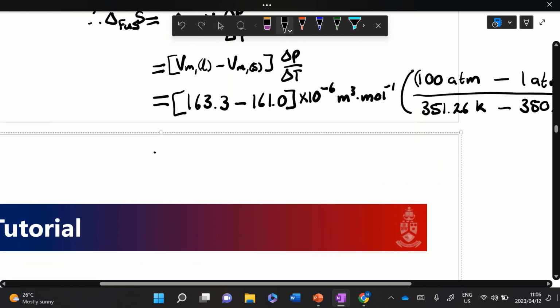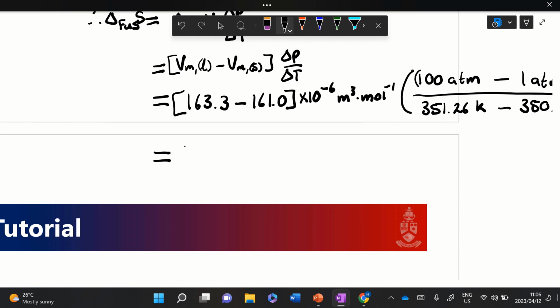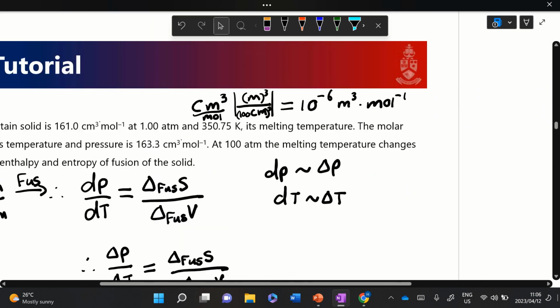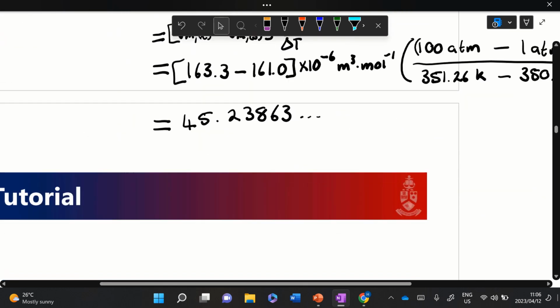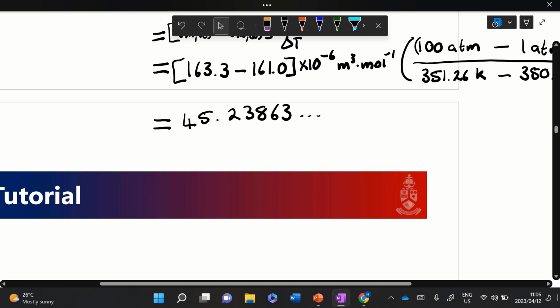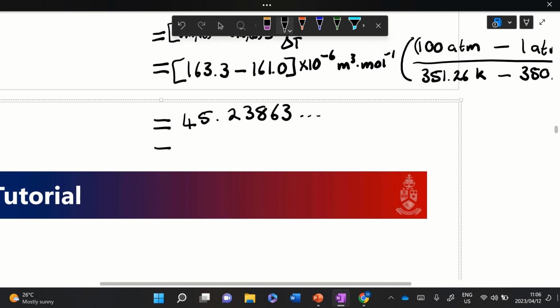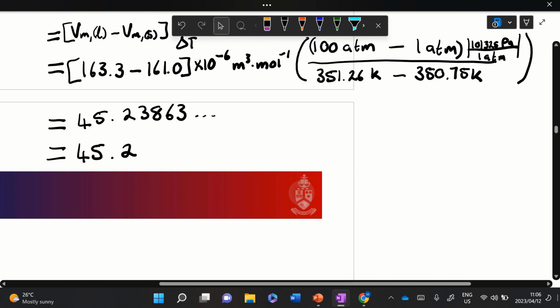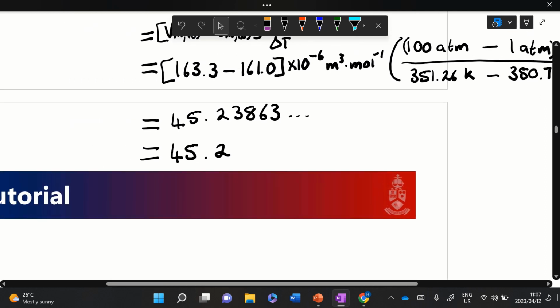So we plug that in, and we get a value of 45.23863 and so on. We have 3 significant figures, so that's 45.2, with units of joule per Kelvin per mole.